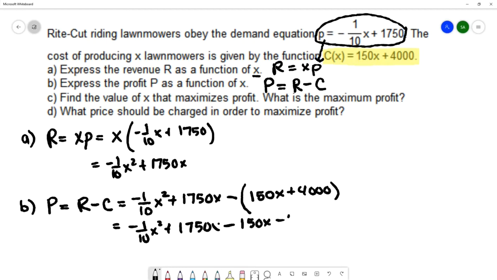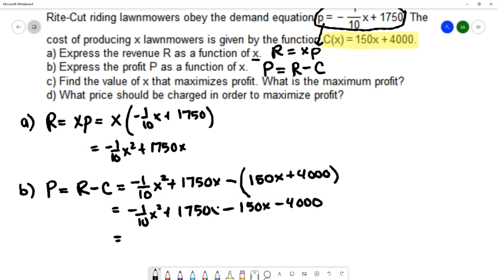150x minus 4,000. And I'll combine like terms. That's negative 1/10 x squared. And 1,750 minus 150 would be 1,600x minus 4,000.